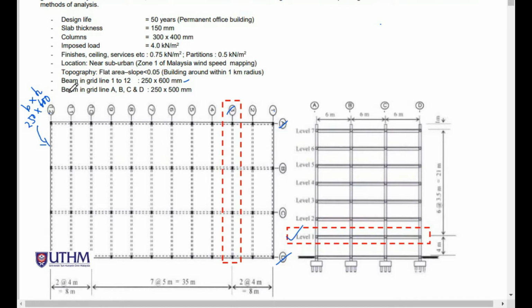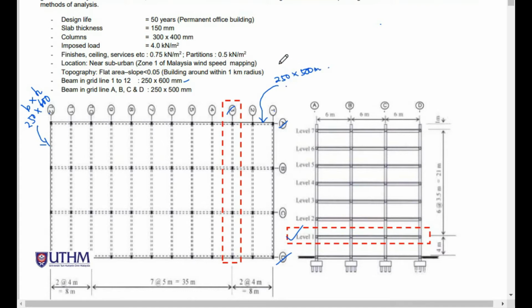Okay, and meanwhile for the beam in grid line A, B, C and D, the dimension for this beam is 250 width and 500 millimeter height.